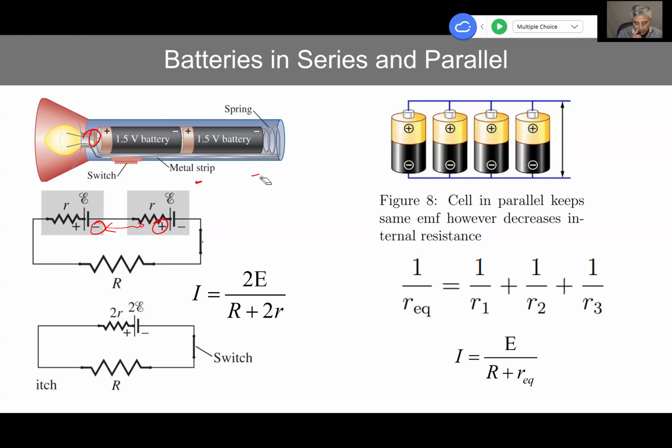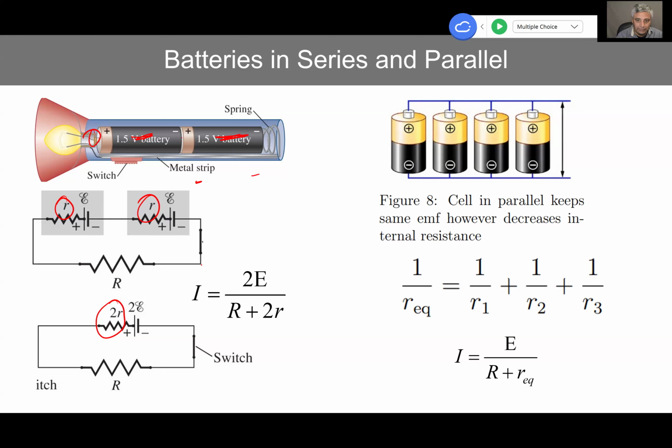So in that case, what happens? The EMF doubles. But at the same time, now this one has an internal resistance and this one has an internal resistance. That means in a circuit, it's like having two internal resistances in series. So because of that, the current cannot double.